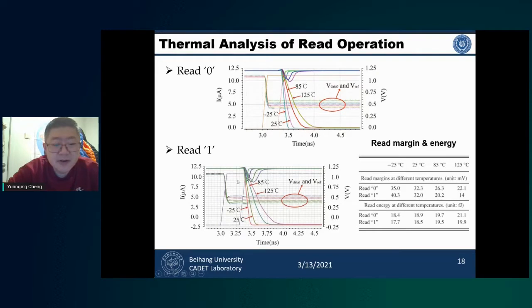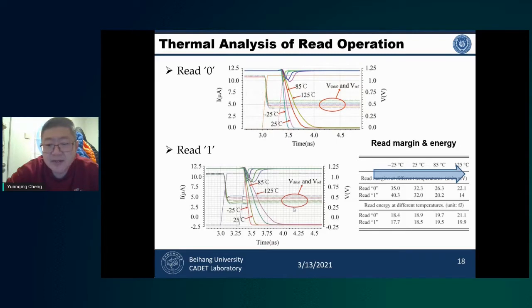This is similar for the case of reading data 1. So from these simulations, we can observe the read margin, that is the metric for measuring how easily we can read out the data.